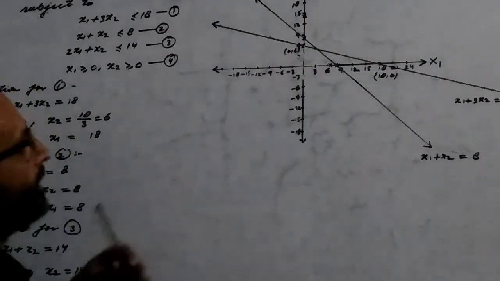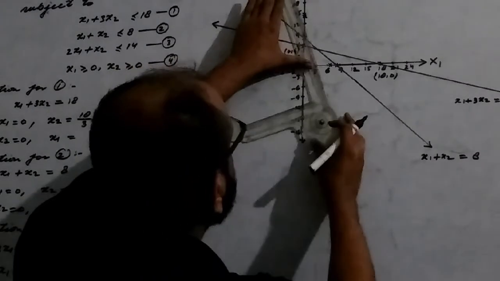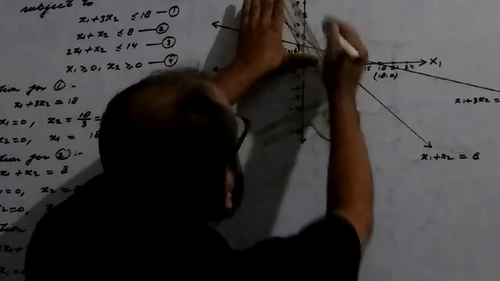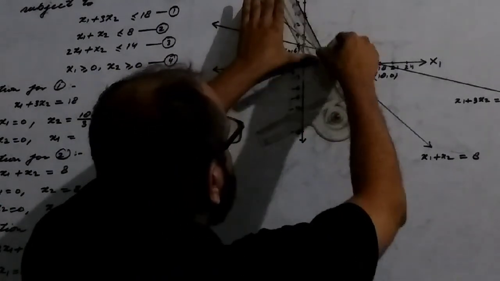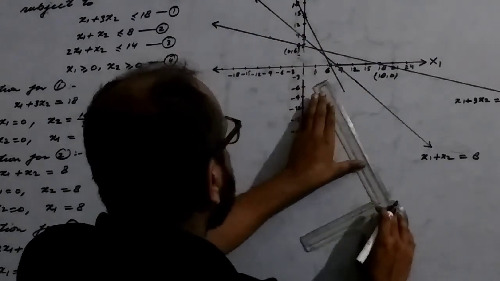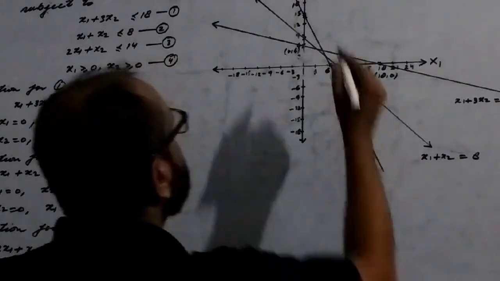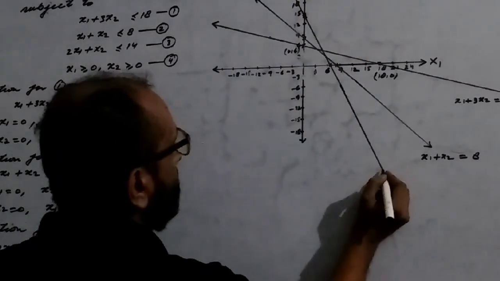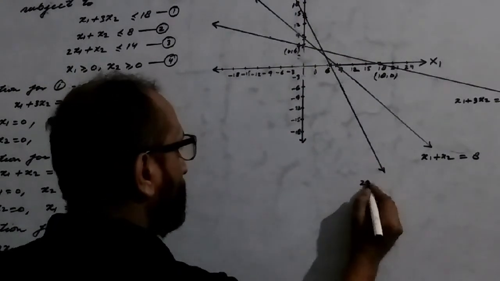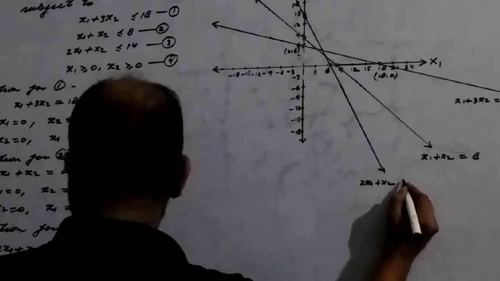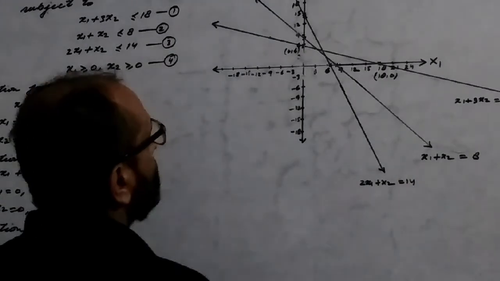So mark it here and then join these two points with a line. Then name it properly: 2x1 plus x2 is equal to 14.